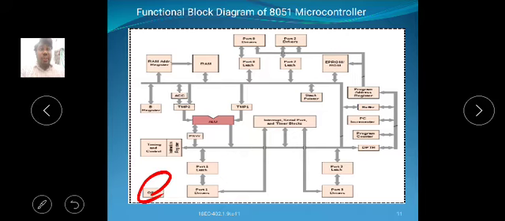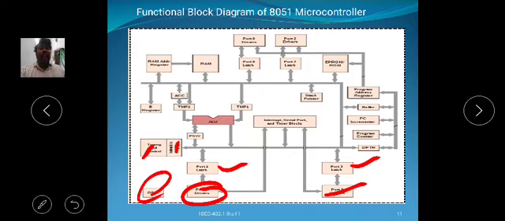This is the oscillator unit, and here the port 1 driver, here the port 3 drivers, and port 1 latch, the port 3 latch. Here the timing and control unit, the instruction register, and here the program status word, arithmetic logic unit, the temporary register 1, temporary register 2, the accumulator register, the B register.